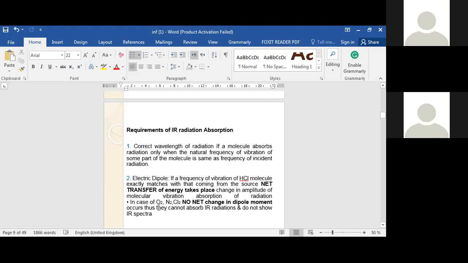With molecules such as oxygen gas, nitrogen gas, chlorine gas, there is no net change because they don't have a dipole moment. So we can't see IR, as I mentioned before. So the IR is inactive in this case.